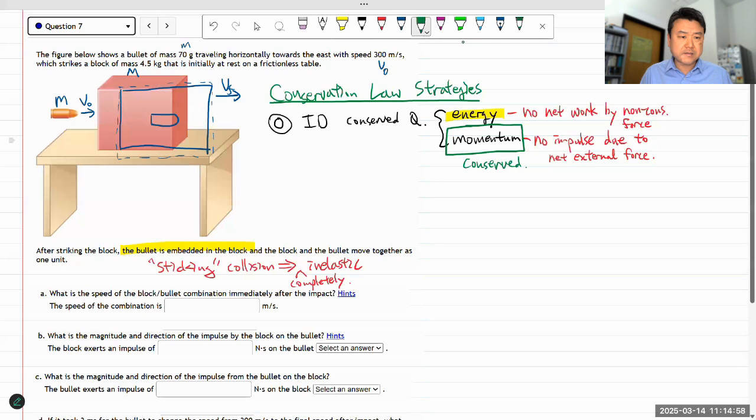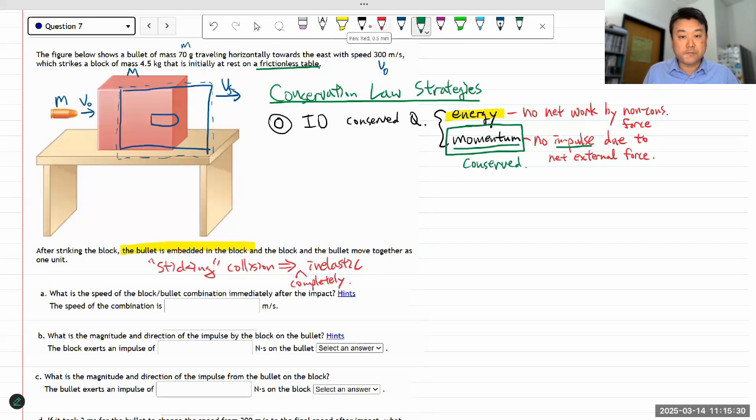Looking at this, especially because they told us frictionless table, there is external force, gravity and normal force, but they balance each other out, so no net external force. And even if the table hadn't been frictionless, a lot of times we would come up with an argument why friction can be neglected. Maybe the impulse due to friction is negligible compared to the impulse due to the interacting forces. So we've identified the conserved quantity, momentum.